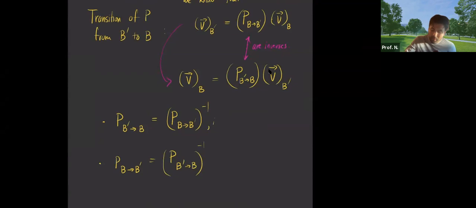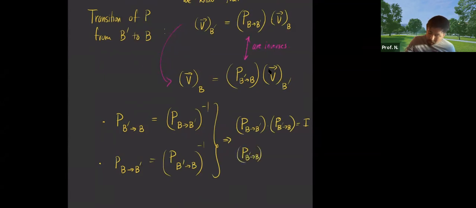Or in other words, when you multiply the transition matrices together, it equals the identity. And similarly, the other way around, right? So these matrices are invertible, obviously. They have to be invertible.